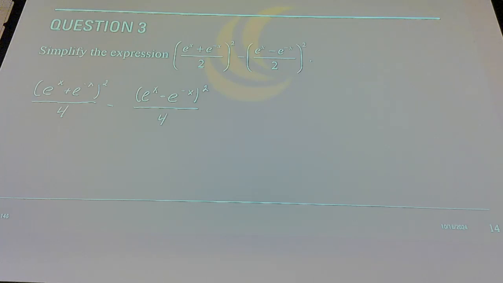There are two ways to go from here. Obviously, either way I do it, I'm going to write it all over the same denominator. You could expand out each of those two terms and then subtract. Or you could recognize that as a difference of two squares.